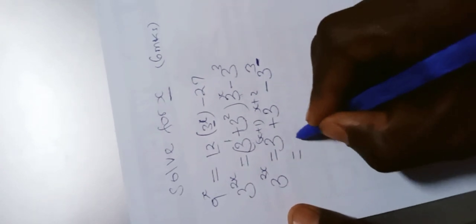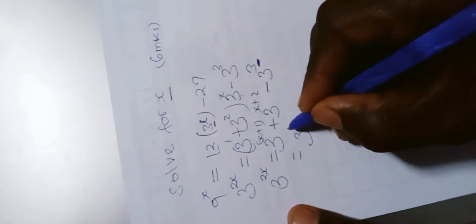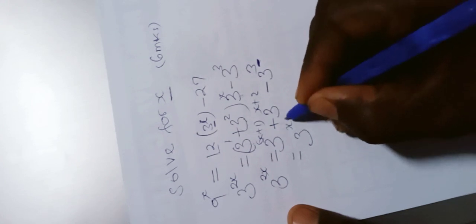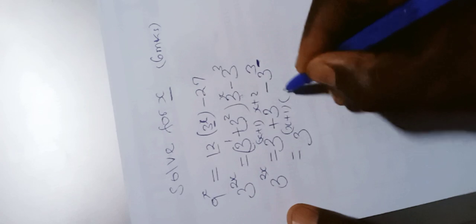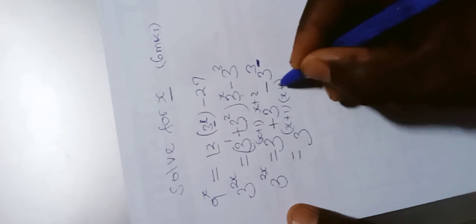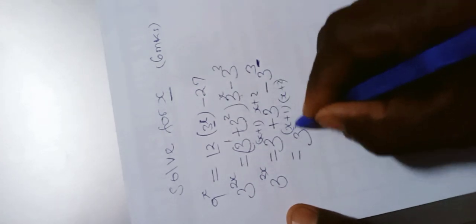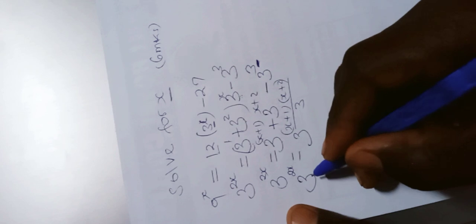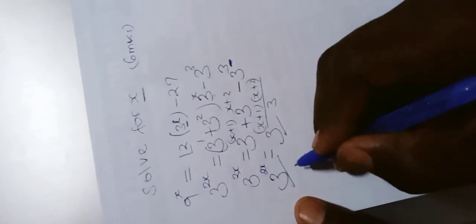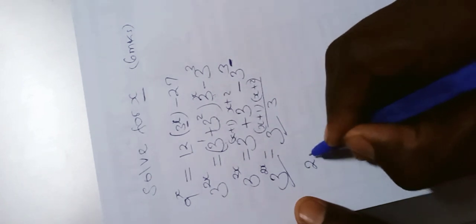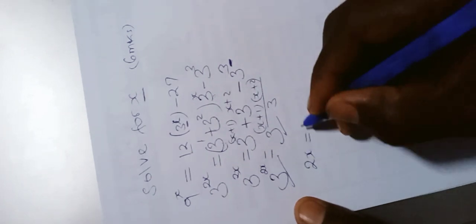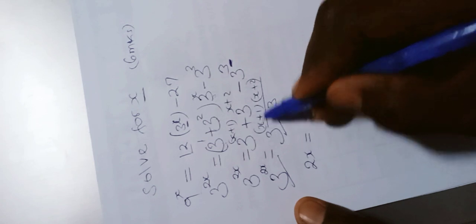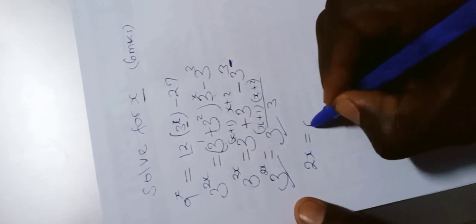So we are going to have 3 raised to power x plus 1 multiplied by x plus 2 divided by 3 is equivalent to 3 raised to power 2x. At this point, we are going to drop these particular bases to remain with 2x is equivalent to, we are going to multiply this and this to get x squared.